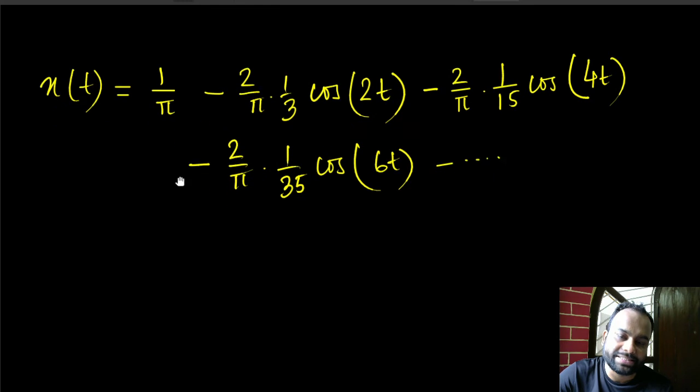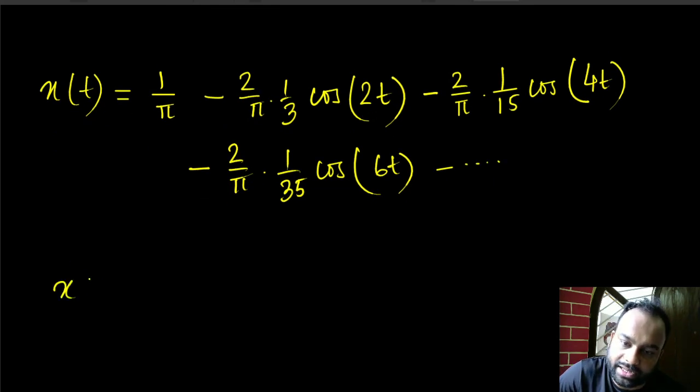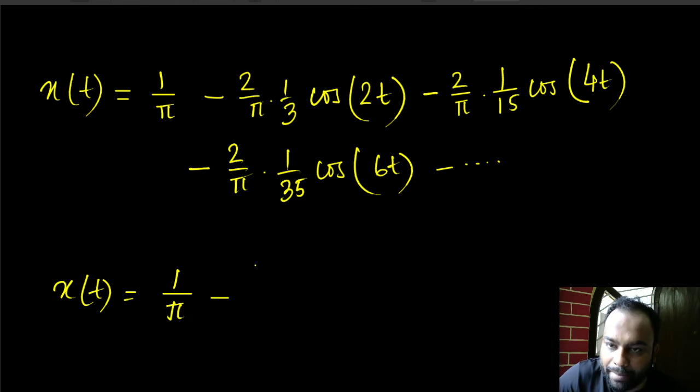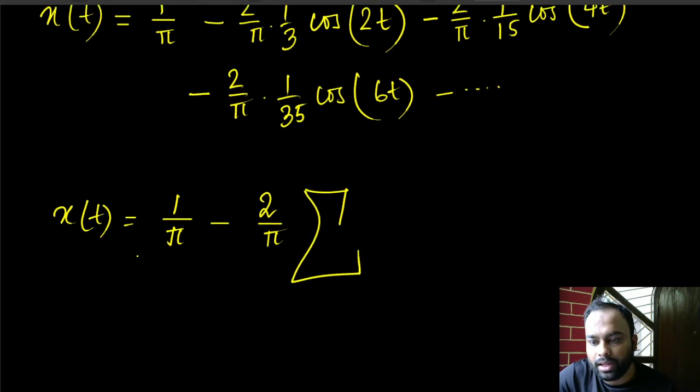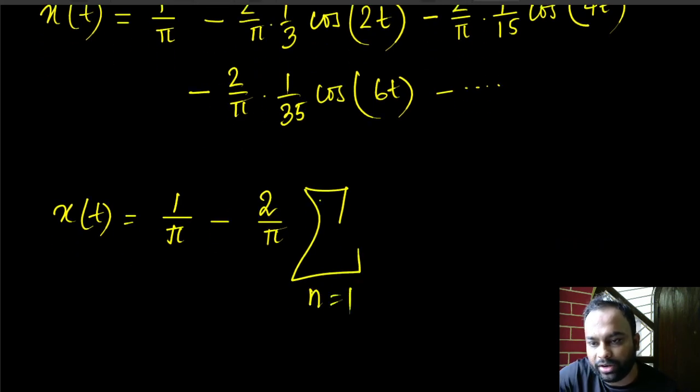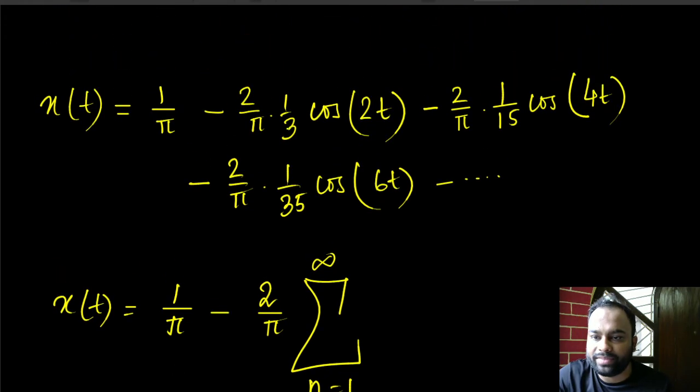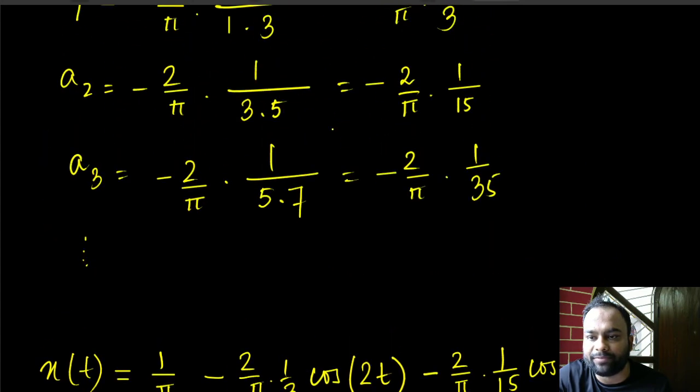But instead of writing things like that, we can always express it simply as a summation, right? So that's going to be 1 by pi, and minus, we can take 2 by pi common out of everything and put a summation sign and write n equal to 1 to infinity. Okay, right? So we have this 1 by 3, we have 1 by 15, we have 1 by 35. Where did these things come from?